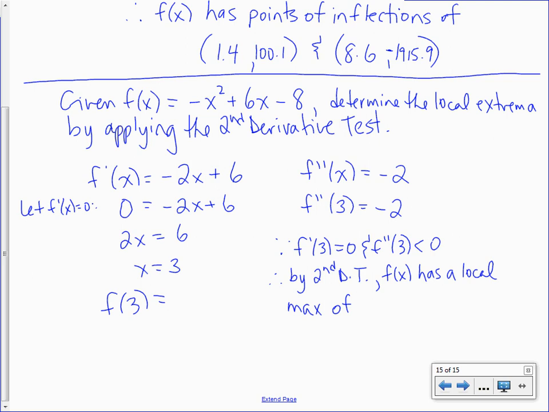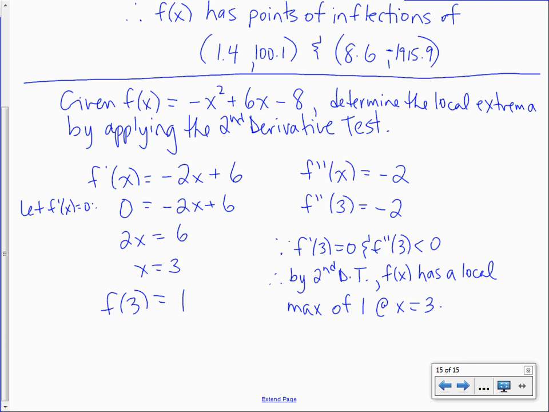Negative 9 plus 18 is 9. 9 minus 8 is 1. Final answer 1. So, are we all happy with 1? Local max of 1 at x equals 3.